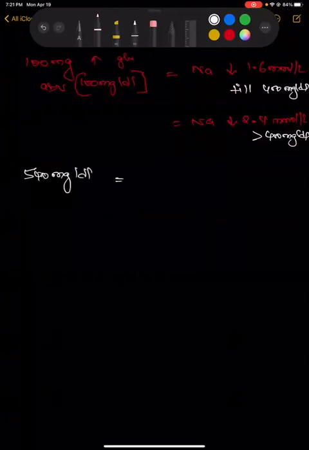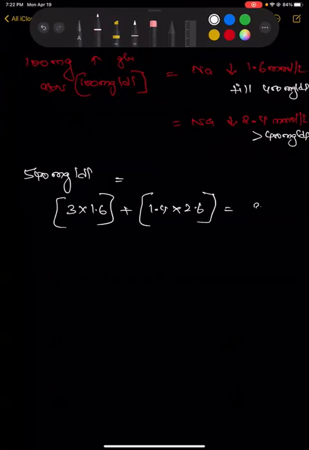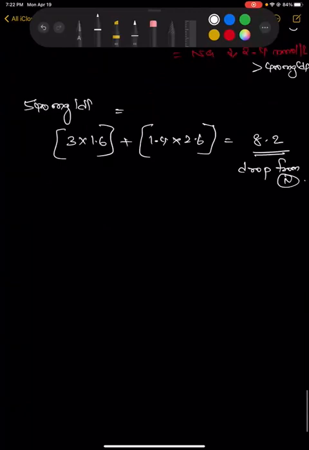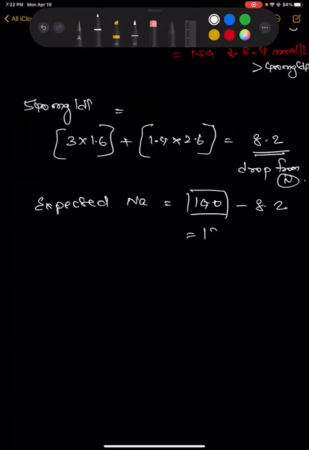So when you calculate, it is going to be 3 times 1.6 plus 1.4 times 2.6, which will give you about an 8.2 drop from normal. So our expected sodium in this patient would be, for all calculative purposes we take the normal value as 140, 140 minus 8.2, which is 131.8.